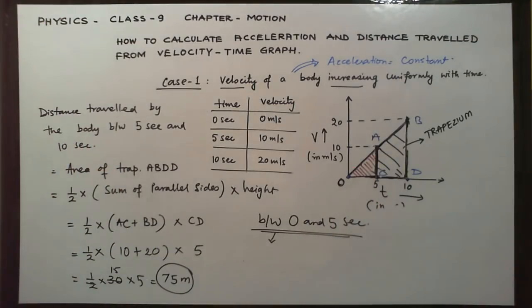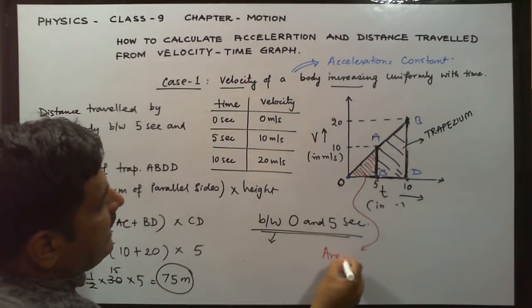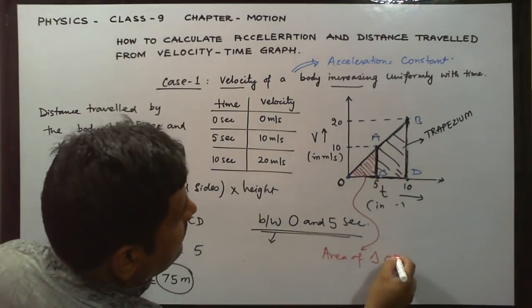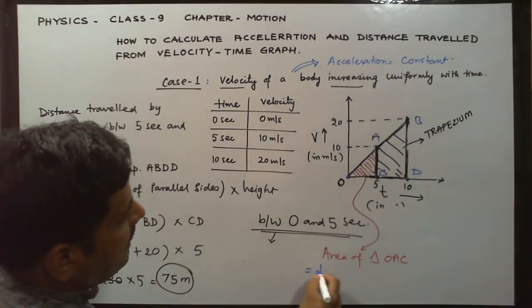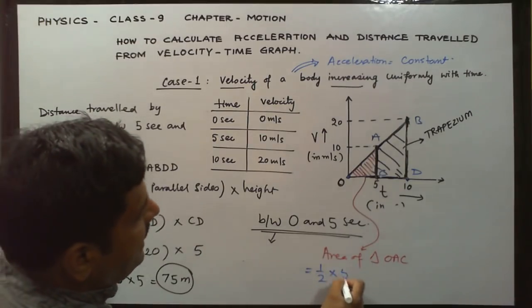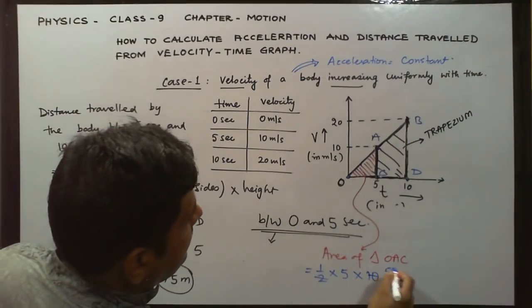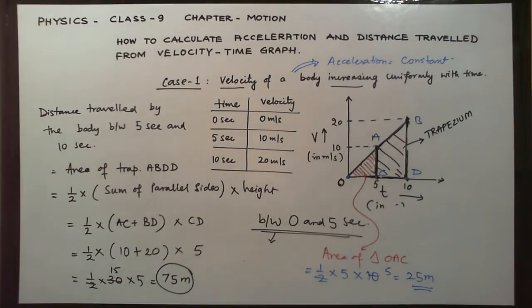So the area of triangle OAC will give you the distance between 0 and 5 seconds. So this is half, base is 5 into height is 10. So we get 25 meter.